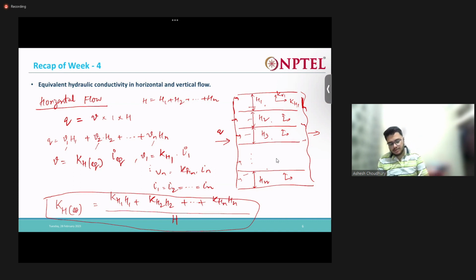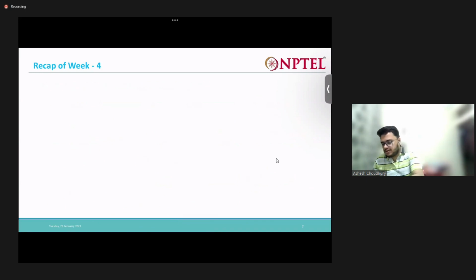This is the expression for the equivalent hydraulic conductivity for flow in the horizontal direction. Next we will be looking into vertical flow.